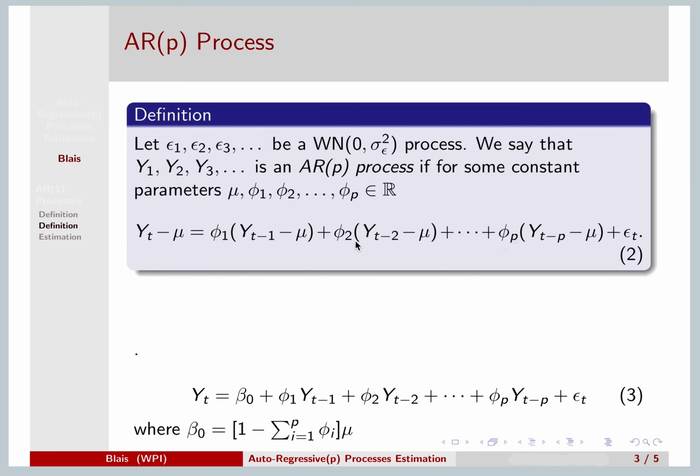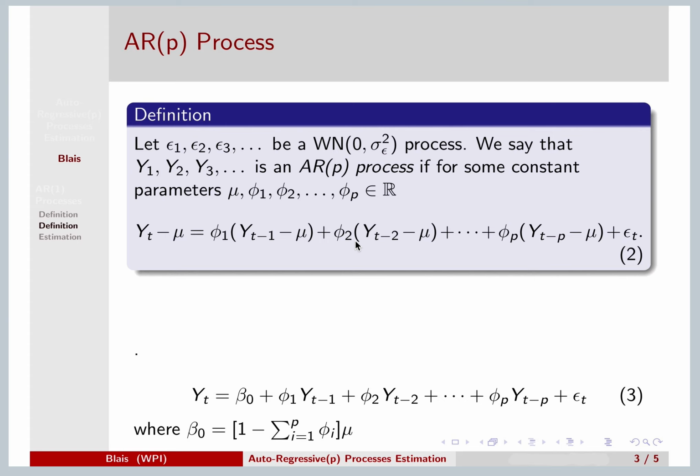And we can think of this in the same kind of way, that y_t today differs from its mean with some effect of new information that's coming from your white noise term for time t. And then you have a piece of memory for each of the p previous time periods. So it's a natural extension of the AR(1) process. And of course, if p equals 1, this is exactly the definition of the AR(1).